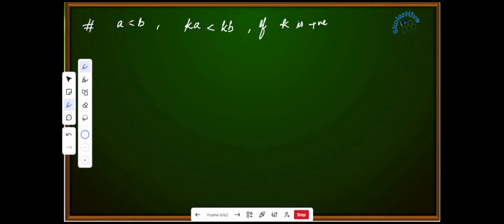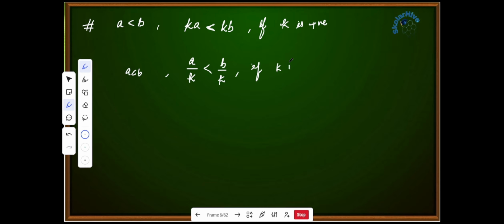If we are multiplying either side of the inequality by a positive number, then the inequality sign does not change. The same is applicable for division. If we are dividing either side of the inequality by the same positive number, then the inequality sign does not change. Here a is less than b, then a by k is also less than b by k if k is positive.